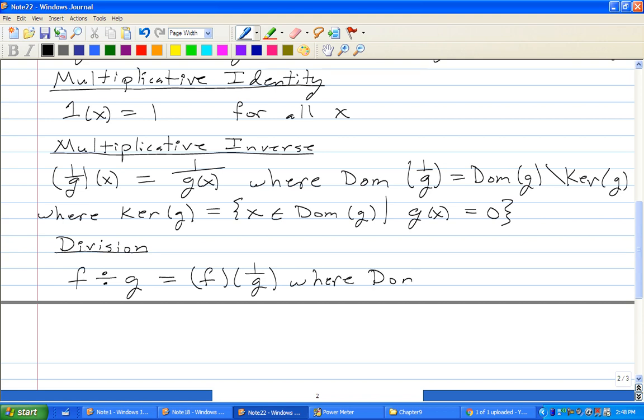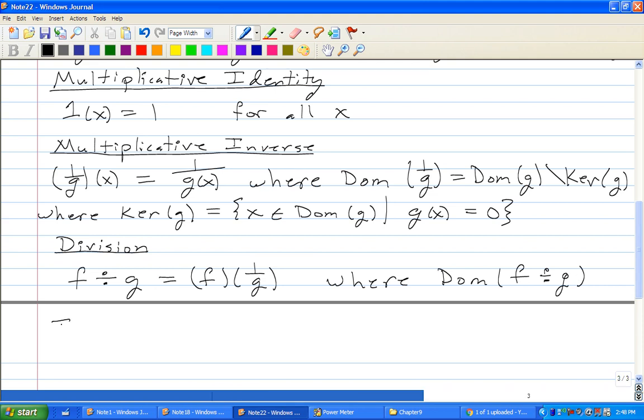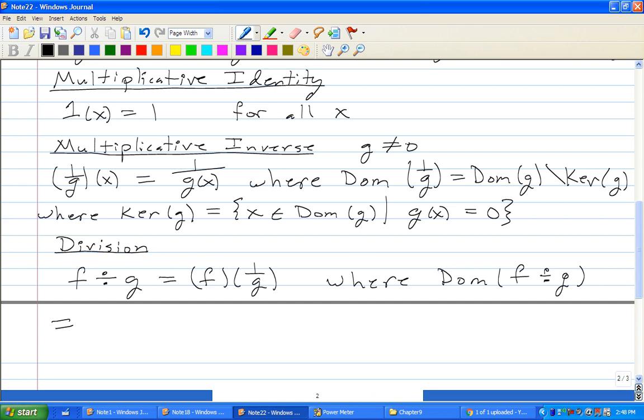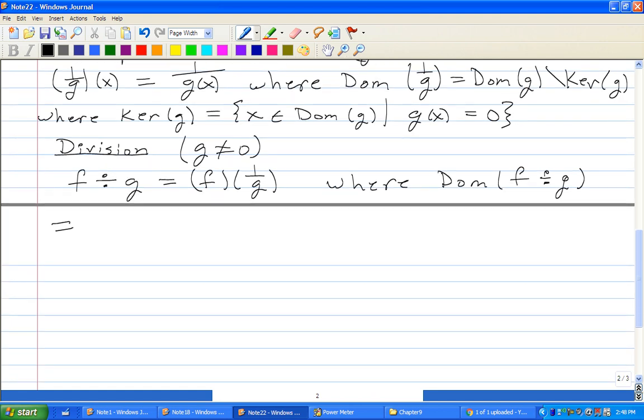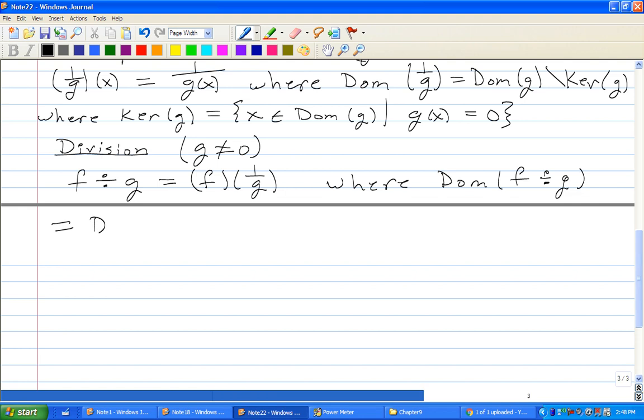The domain of f divided by g, of course I'm assuming here that g is not 0, is the domain of f intersect the domain of g, take away the kernel of g.